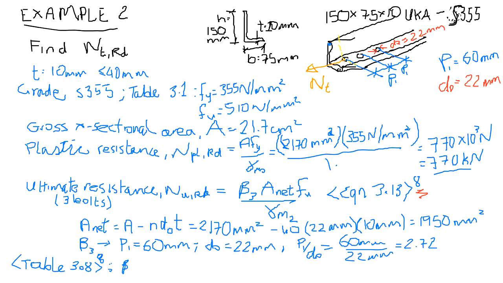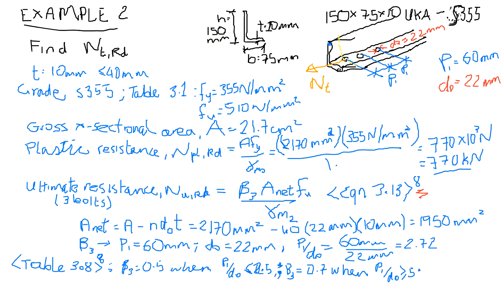So it says that beta 3 is equal to 0.5 when P1 divided by d naught is less than or equal to 2.5, and beta 3 is equal to 0.7 when P1 divided by d naught is greater than or equal to 5.